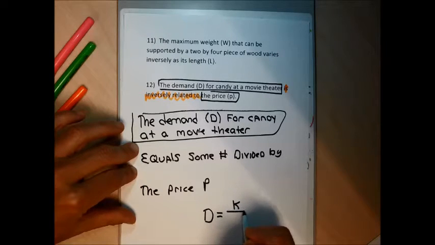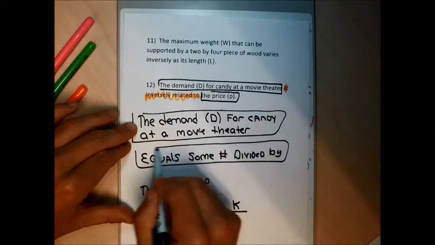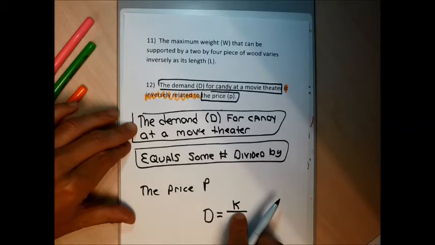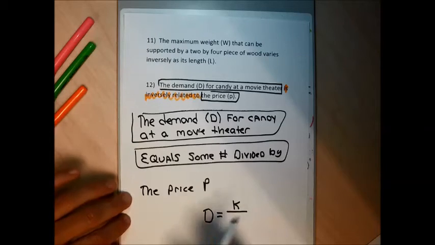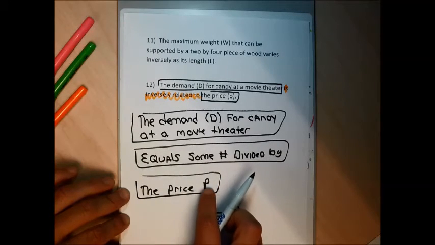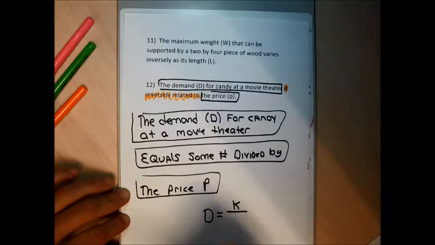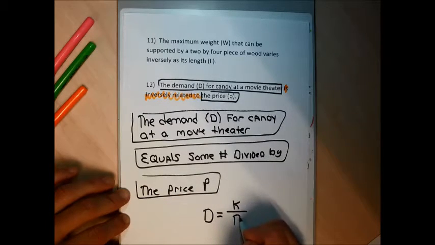So the equals some number divided by, I use K for the some number, I use a fraction symbol for the divided by, and then lastly, what's going to go in the denominator is the letter P for the price. And in this little segment of words here, I don't see the words square, square root, cube, or cube root, so the P is just going to be a single linear P.